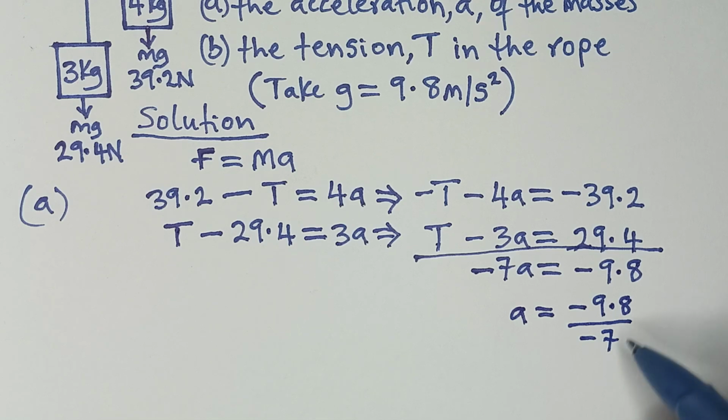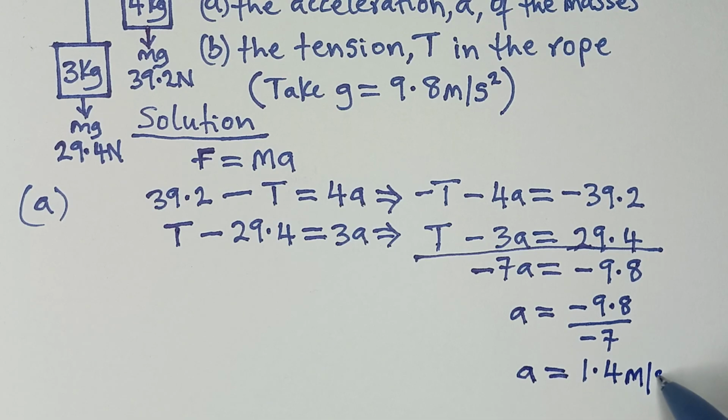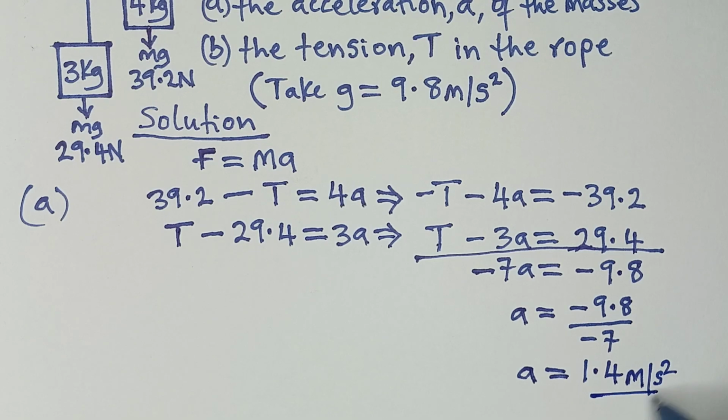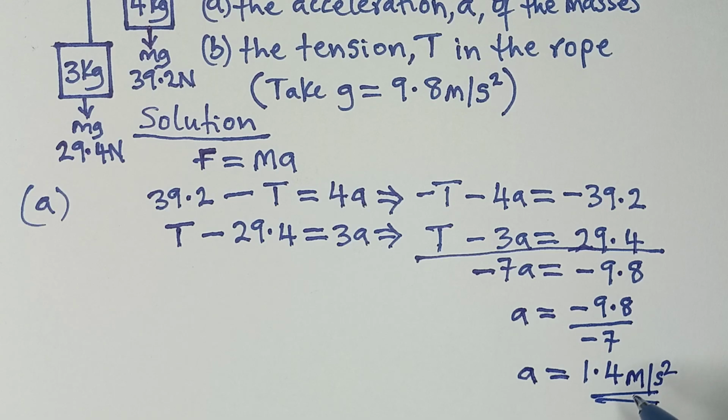If we divide this 9.8 by 7, it will finally give us A is equal to 1.4. So A is equal to 1.4 meter per second square. So this is the acceleration of the objects as they move together. So that is the final answer to part A.